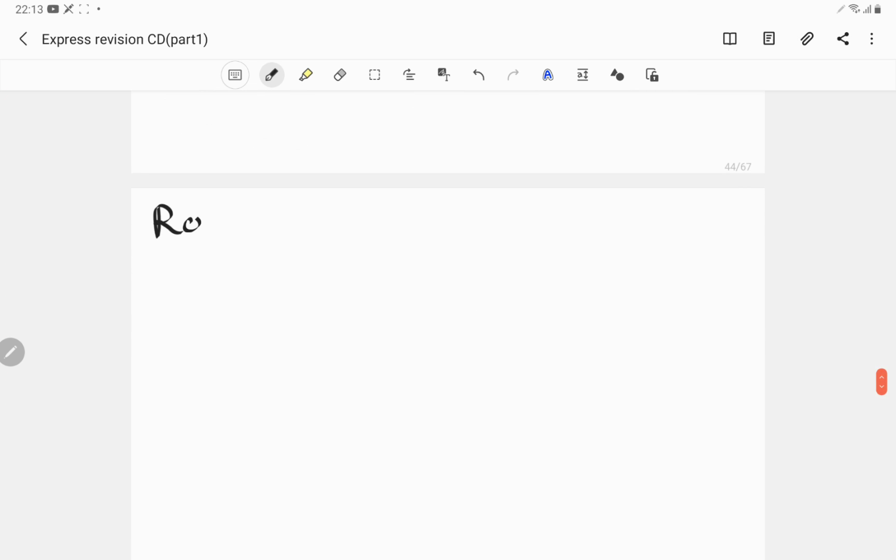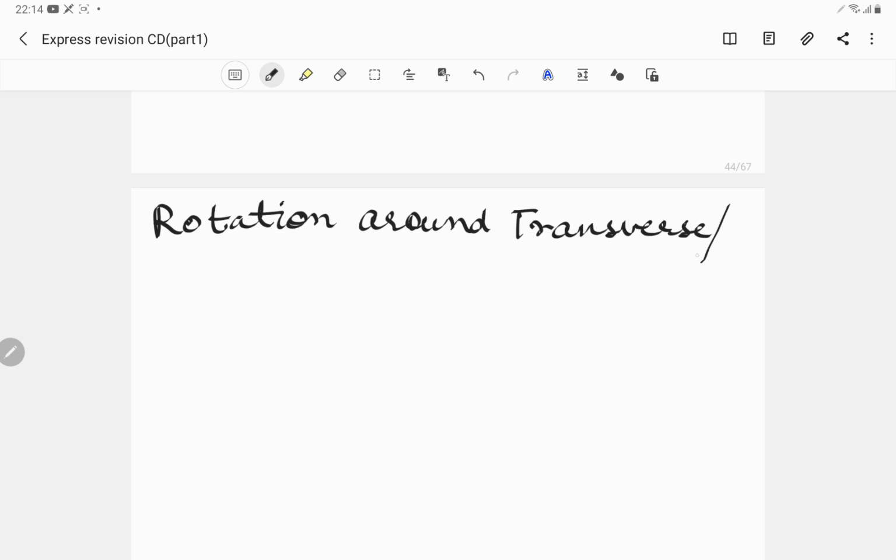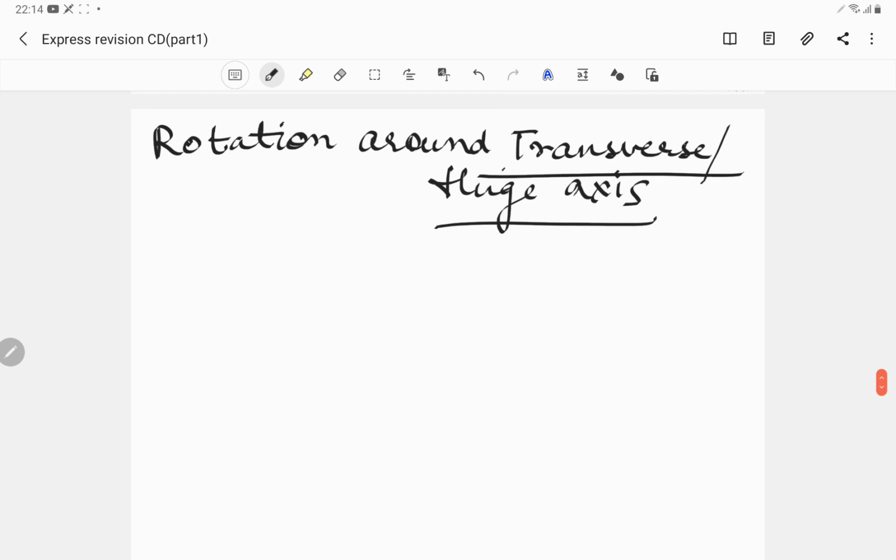So talking about rotation around the transverse or hinge axis. What will happen if we do the rotation around the transverse or hinge axis? That means we are talking about a line of rotation from the left side of the mandible to the right side, which is our transverse axis, right?